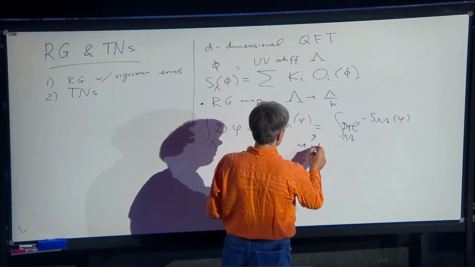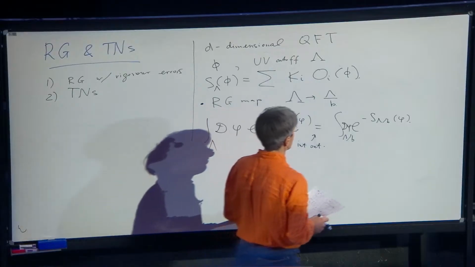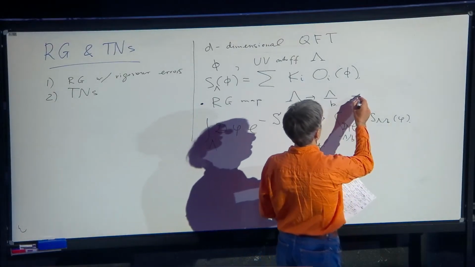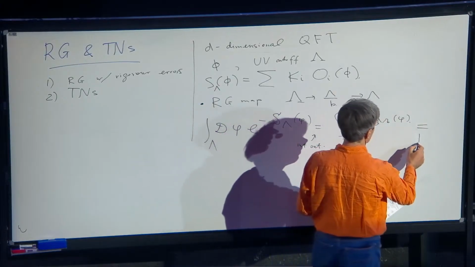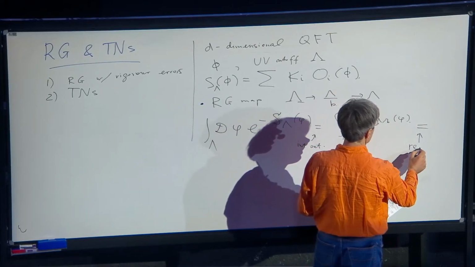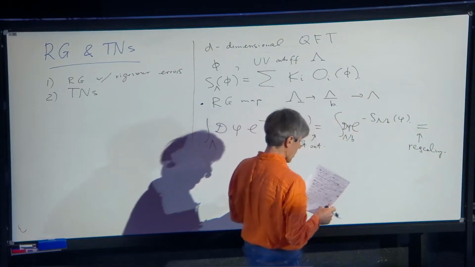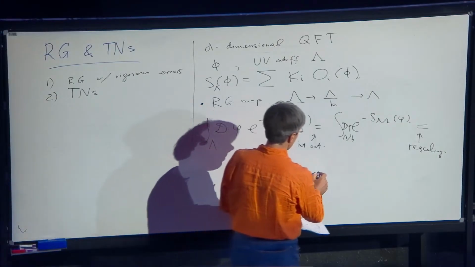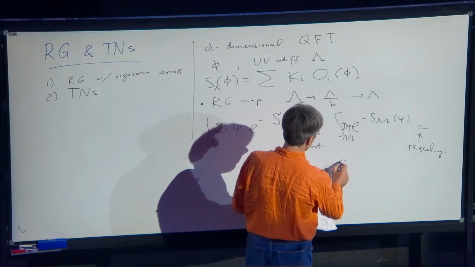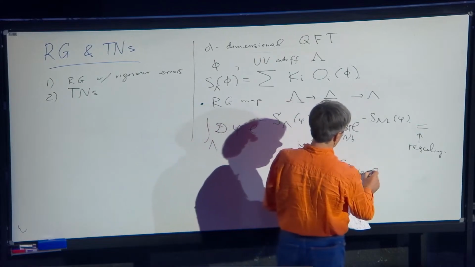But as usual, we are going to go back to lambda, which means that we are going to now rescale the field. So we add this rescaling step as usual. I just want to make sure that everyone is on the same page about what we are doing. Once we rescale, we are going back to the same cutoff lambda, but now my action has changed.